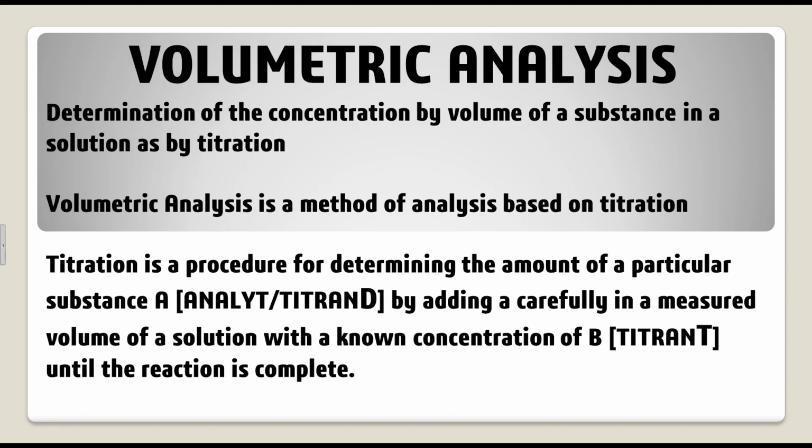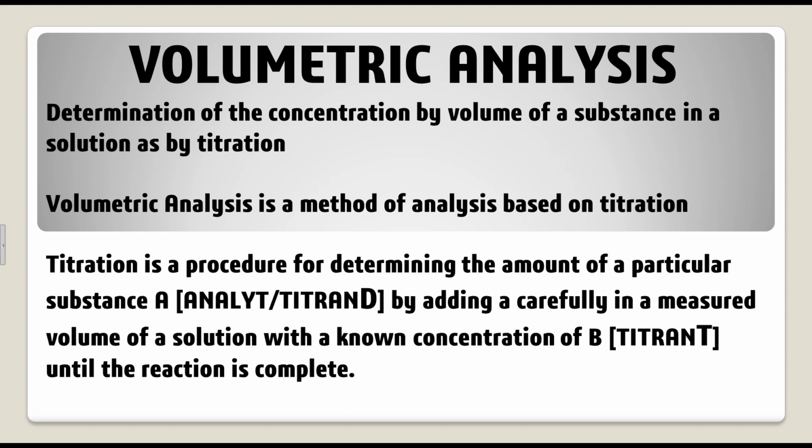What is volumetric analysis? Determination of the concentration by volume of a substance in a solution, as by titration. This is a definition. Volumetric analysis is a method of analysis based on titration. Then what is titration?